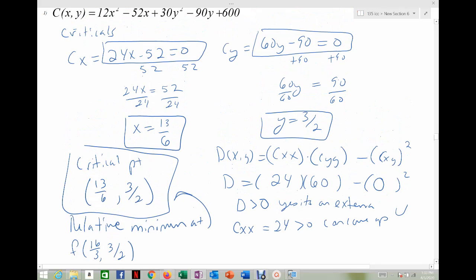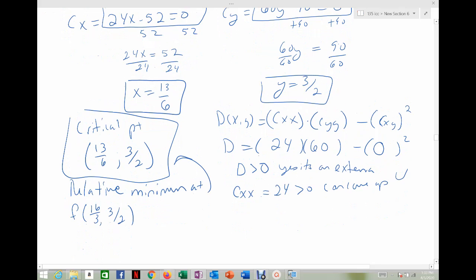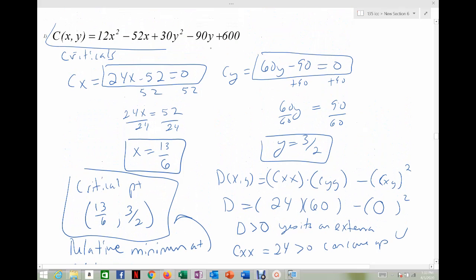I put f instead of c. I plug in my 13 over 6 for x and my 3 over 2 for y. The value that comes out will be my minimum. And I'm assuming since this is a C function, it's probably cost. So that's probably my minimum cost.